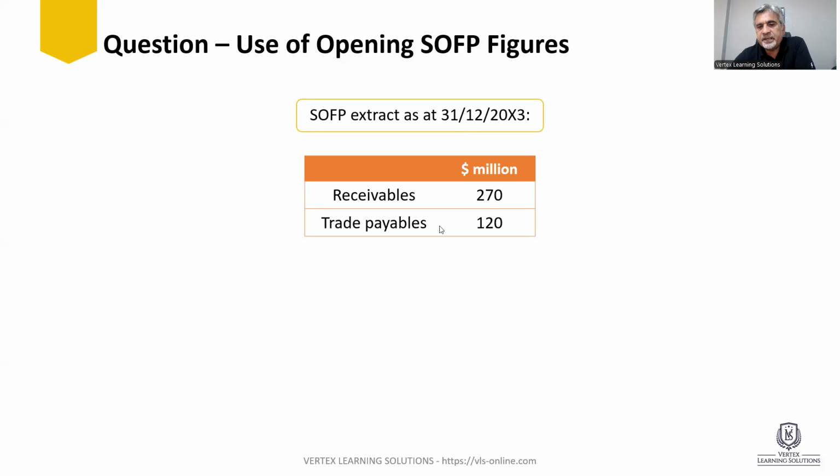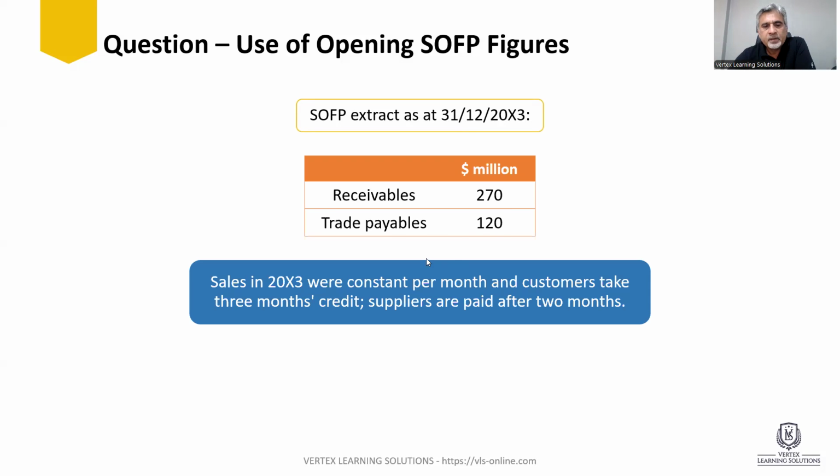Receivables 270 million, trade payables 120 million. So you have receivables, this is end of the year receivables. And trade payables are, of course, end of the year payables. Sales in 2003 were constant per month, and customers take 3 months credit. Suppliers are paid after 2 months. So customers are paying you in 3 months and you are paying suppliers after 2 months.